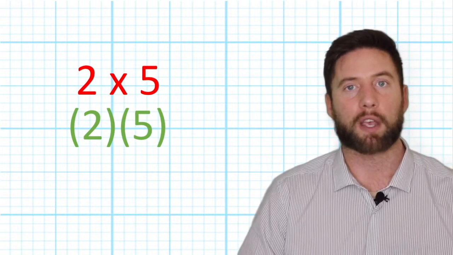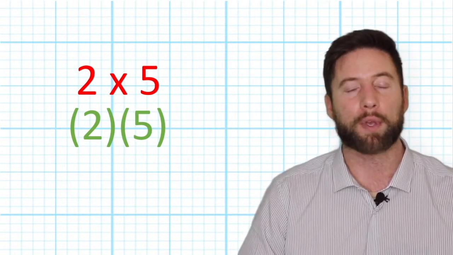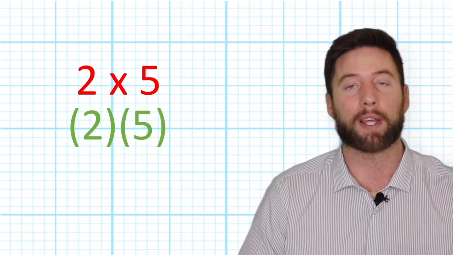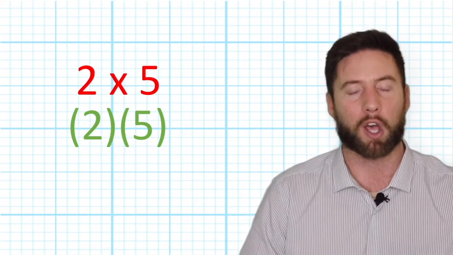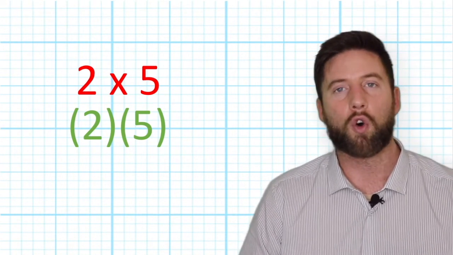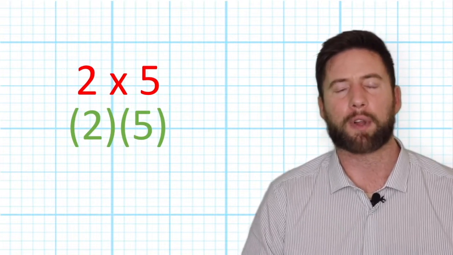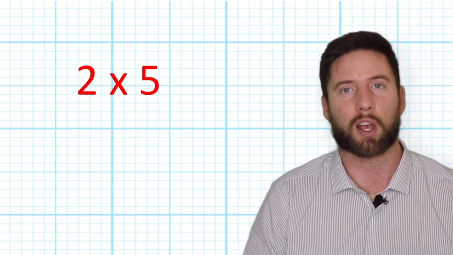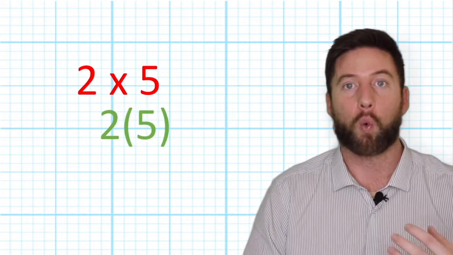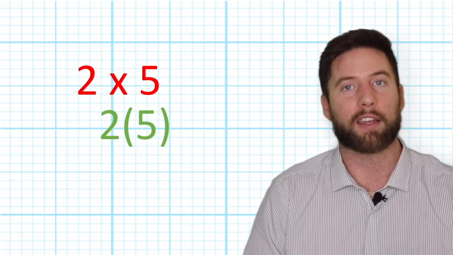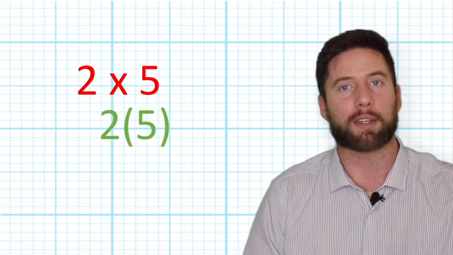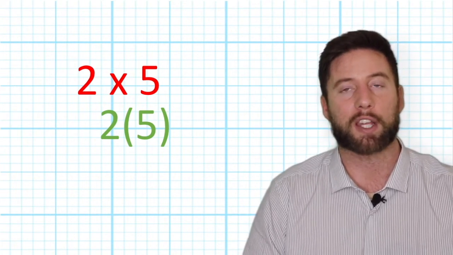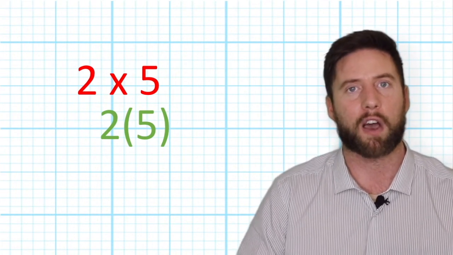Therefore, this cannot be confused with the number 25, and we know because there's nothing between them that multiplication is implied. So we would times 2 times 5. Or if we wanted to, because putting 2 separate individual things in brackets does look a bit strange in maths, we could put 1 digit in parentheses and leave 1 out. Again, multiplication is implied because there's no other symbol between it, so we would still do 2 times 5.